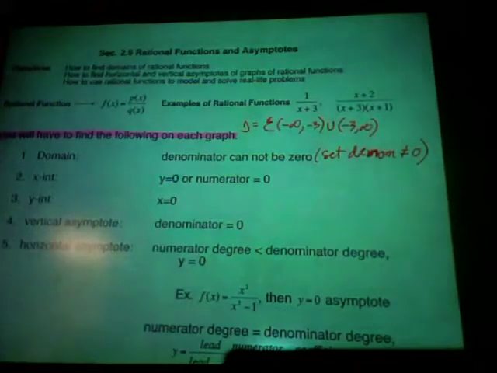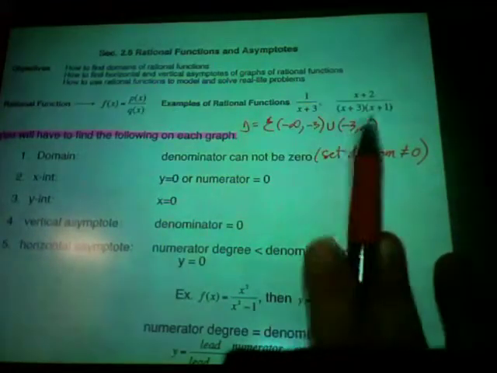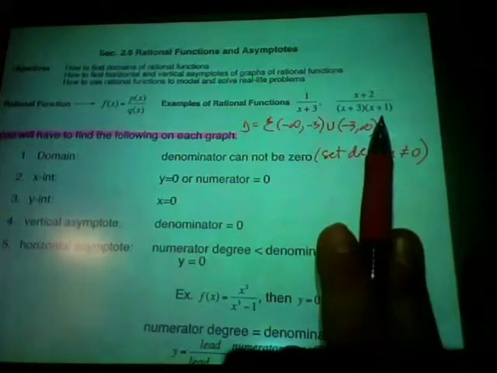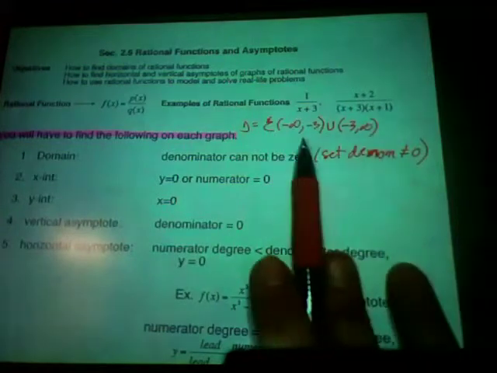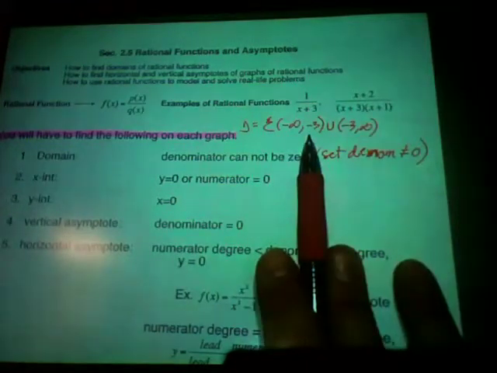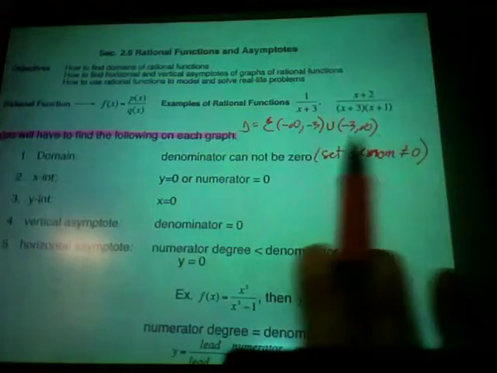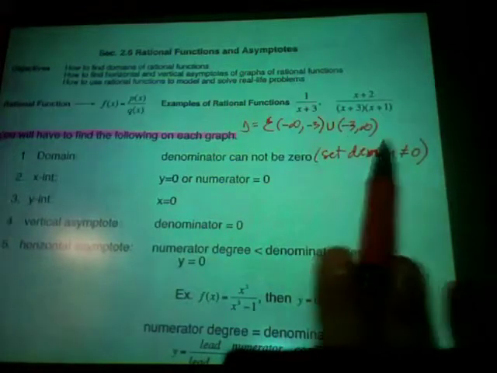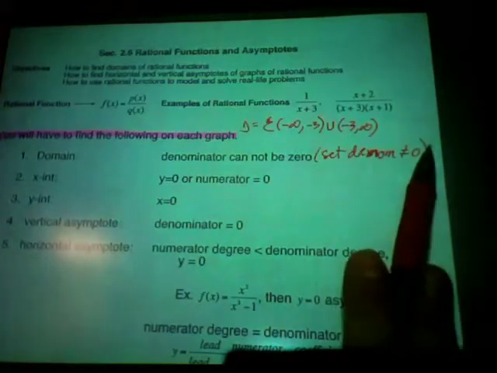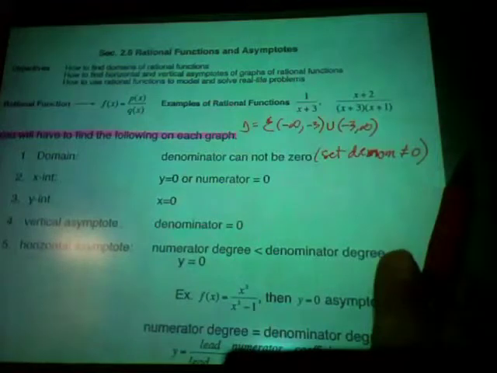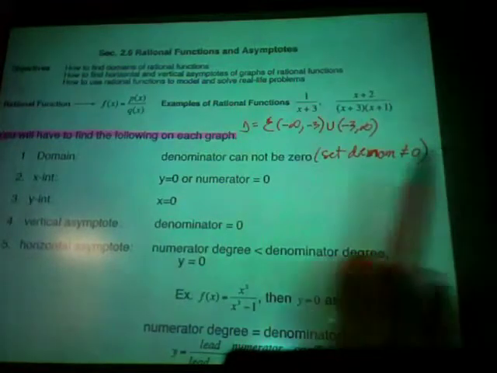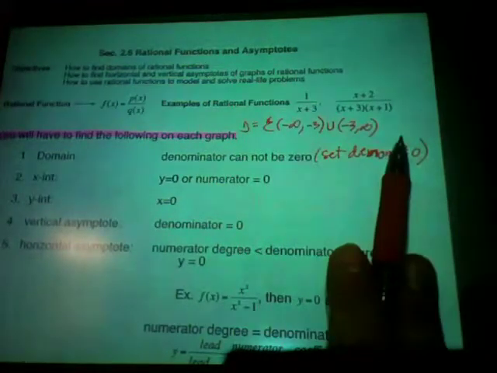So that's how that domain would look. And then this one is negative 3 and negative 1, right? So this one would go from negative 3 to negative 1 here. You'd have another union, and you'd have negative 1 to infinity. So this one would have 3 parts to its domain.